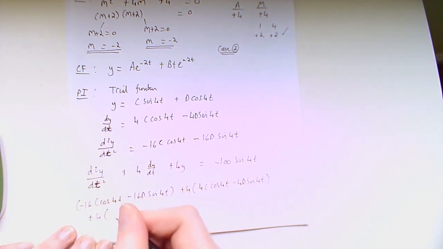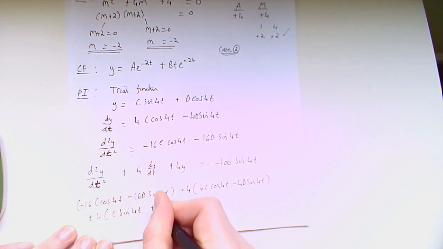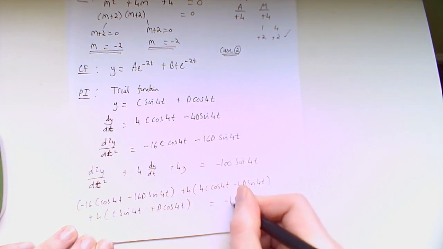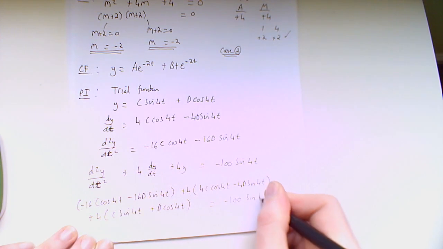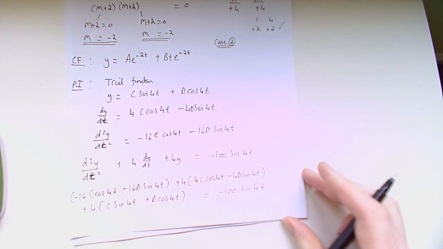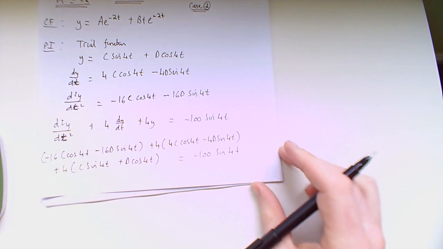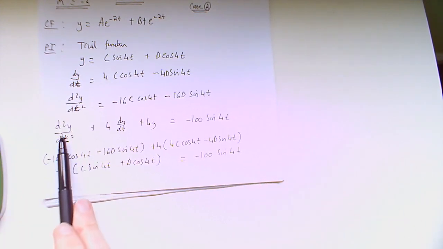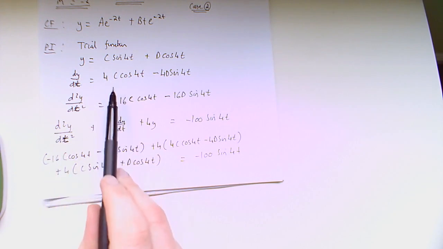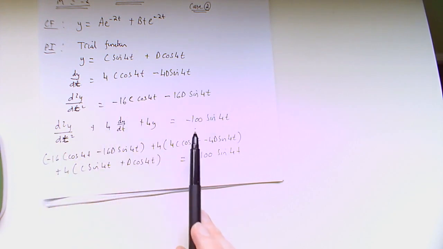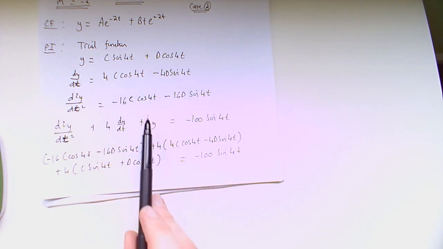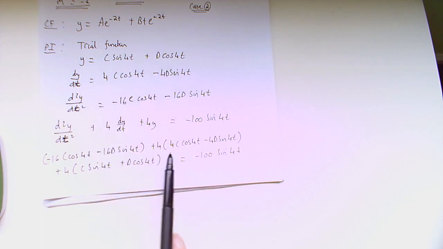Plus 4 lots of c sine 4t plus d cos 4t, equals negative 100 sine 4t. So again, exact same thing as before. I've swapped d squared y by dt squared, dy by dt and y for their expressions. I've just substituted it all in.